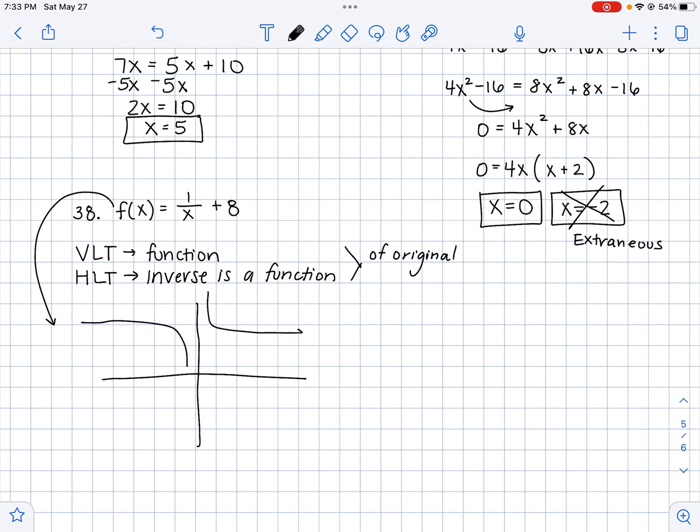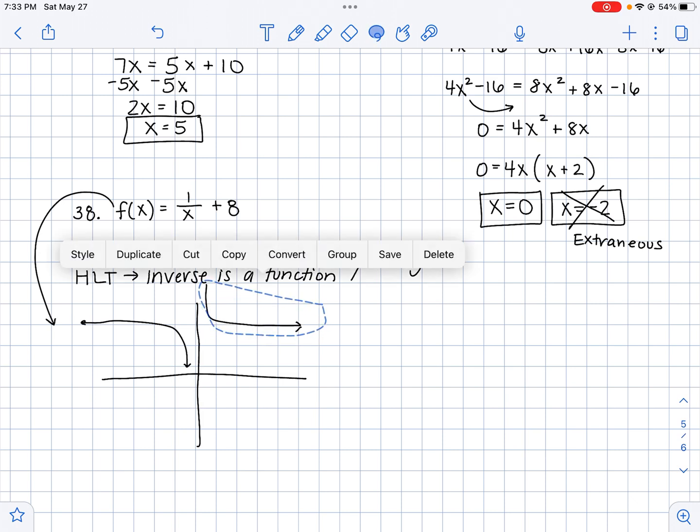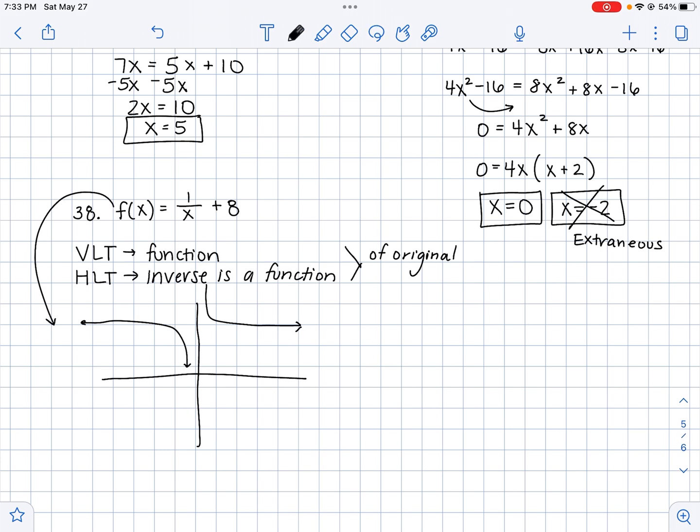It looks something like this and then this on my calculator, okay? And again, I'm not drawing it perfectly. It doesn't matter as long as you're paying close attention to the details, but this does matter that it's a little bit higher. Okay, so first of all, if this passes the vertical line test here, then it is a function. So the original right here is a function.